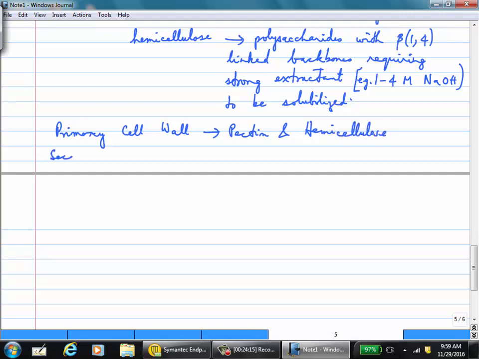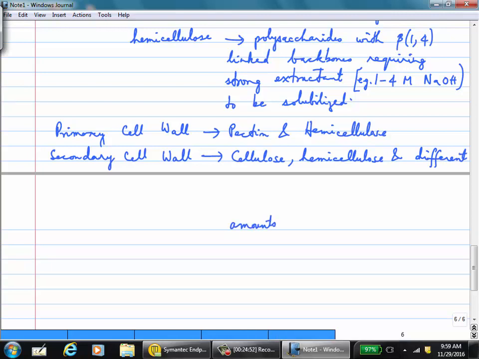And then the secondary cell wall is made of cellulose, hemicellulose, and different amounts of lignin, because the lignin is going to make it hard and waterproofed.